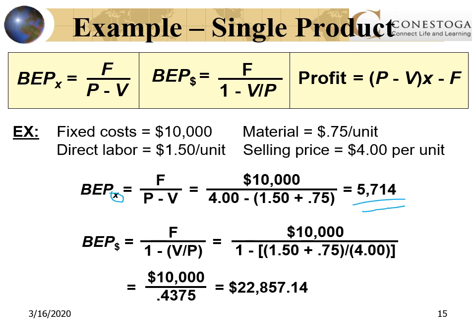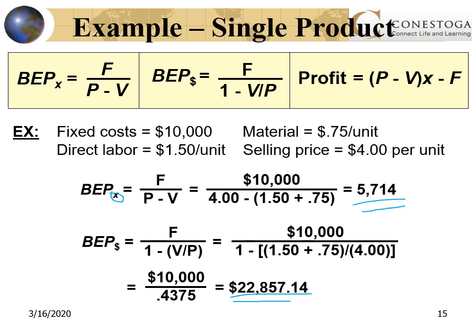If I want to find the break-even point in terms of dollars, I will use this particular formula. This formula will be given for your final examination. When I substitute here, I find that the dollar value corresponding to the break-even point is $22,857. Is it fine?